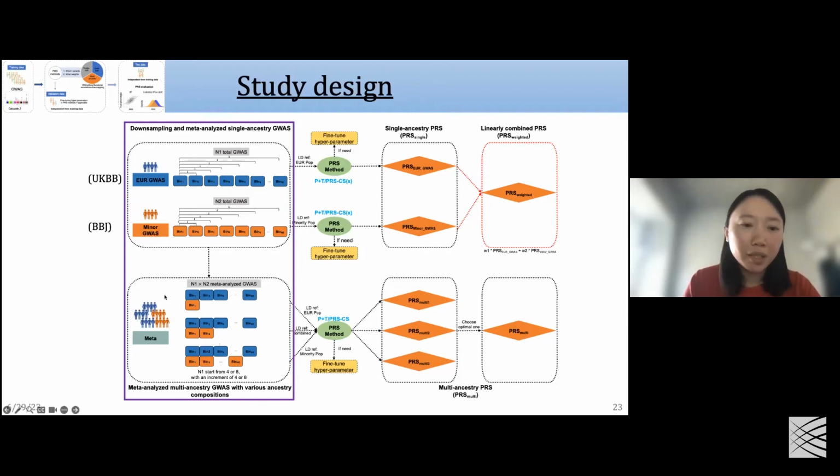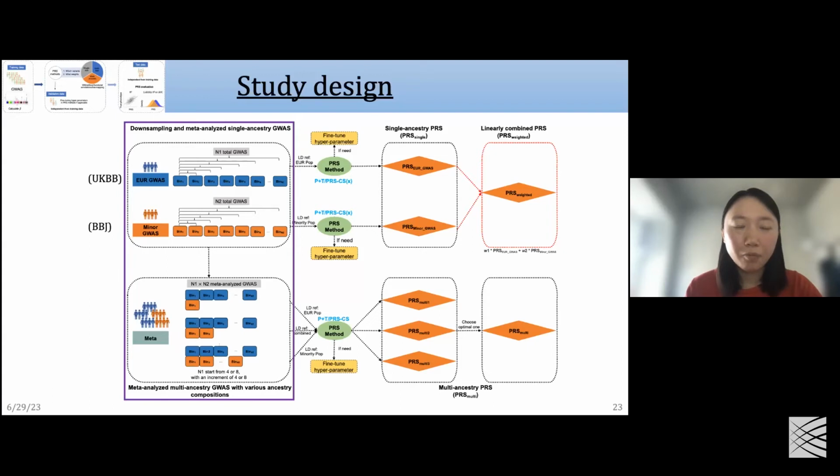To mimic the multi-ancestry meta-analyzed GWAS, we meta-analyze European GWAS and the Biobank Japan GWAS and vary the contribution by changing the number of bins from each population. So the ancestry composition of these meta GWAS will also be different.